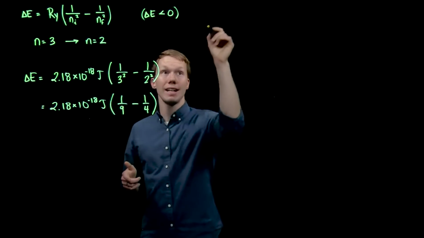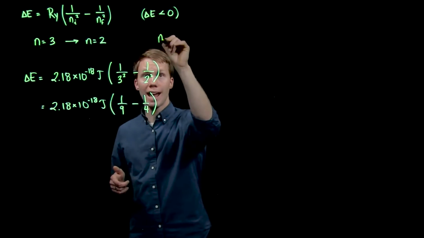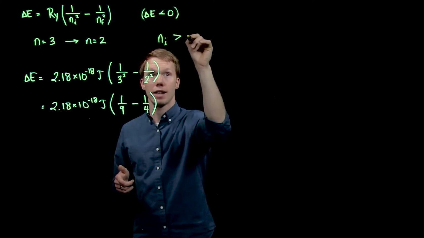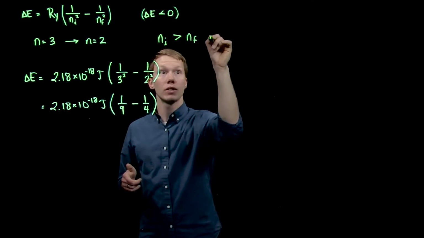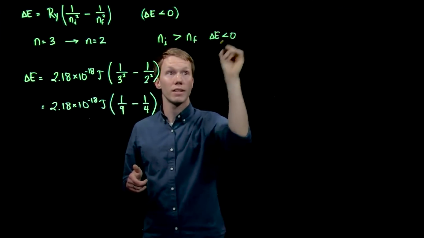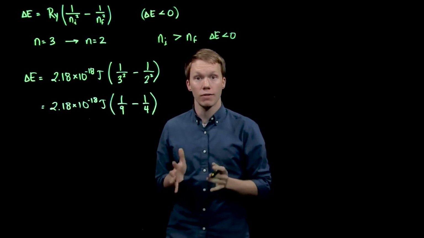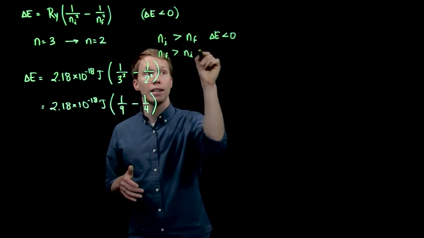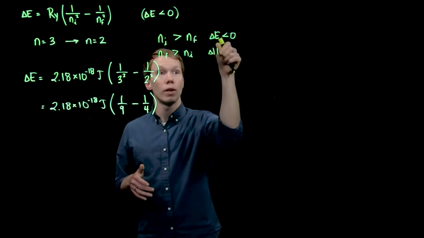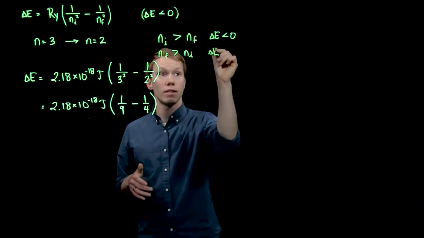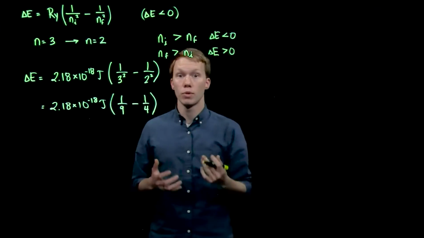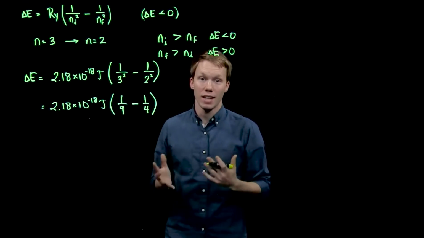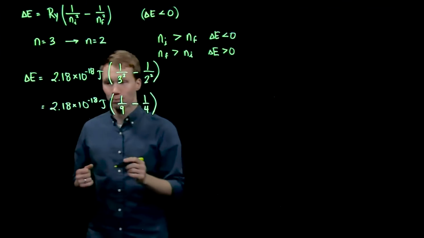So I want to point out that if ni is greater than nf, your delta E will be less than 0, and energy will be given off or emitted. If nf, on the other hand, is greater than ni, your delta E will be greater than 0, and energy will be absorbed. That's something that keeps your signs straight in the end.